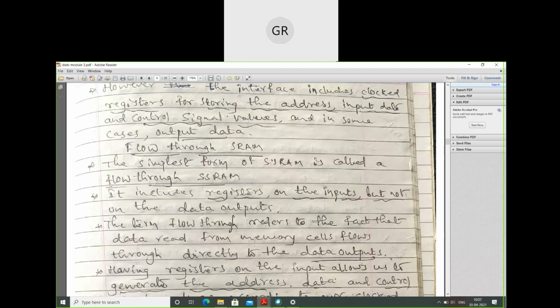The first type of SSRAM is flow through SRAM.